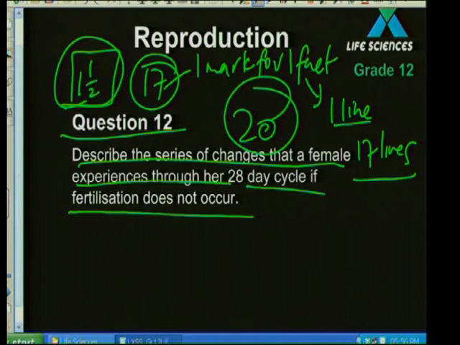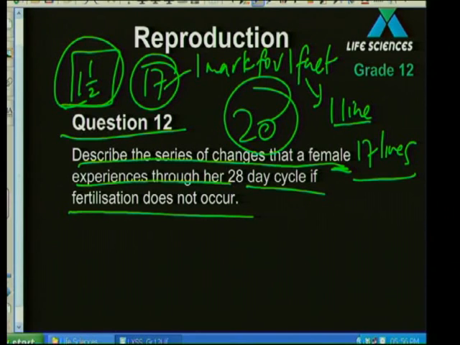But you must have a logical sequence. You must talk the thing through. The most important thing is to have a nice flow in your answer as well. You must be telling a story. Here they're saying what changes take place in a female's body during the 28-day cycle if fertilization does not take place. If you know only the hormones, what are they?